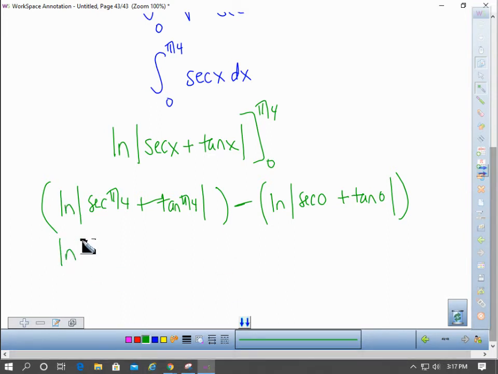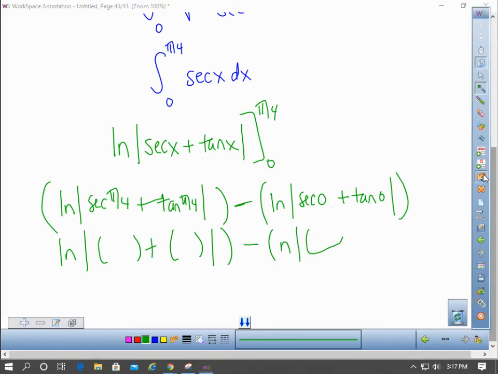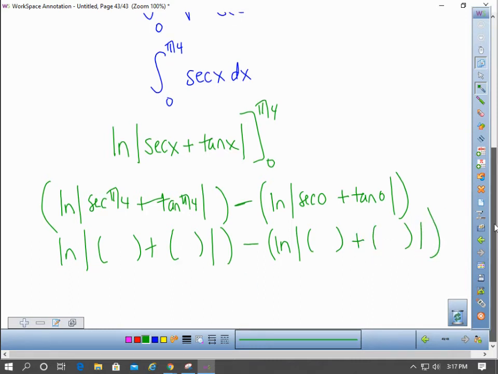So this is the natural log of whatever the secant is plus whatever the tangent there is. And then the natural log of whatever the secant of 0 is, plus the tangent of 0. I don't know why I did all those parentheses, but I just got it set up for us.